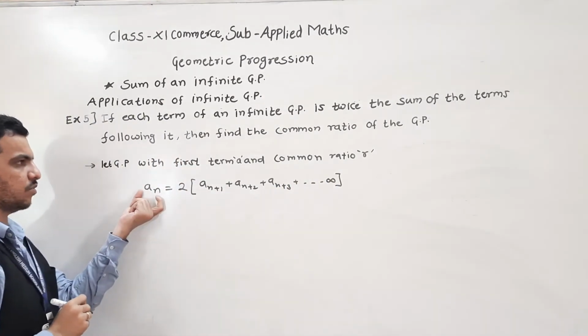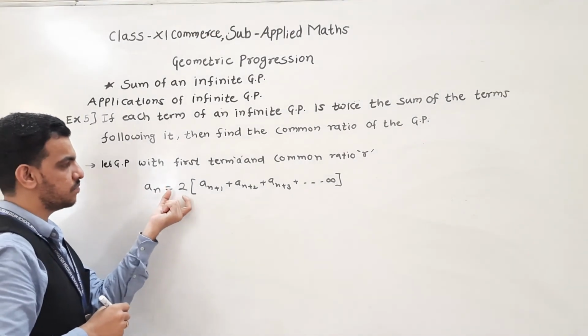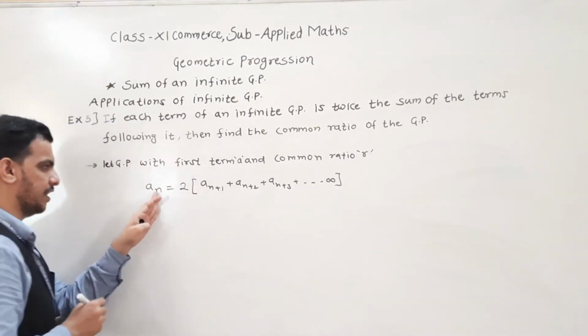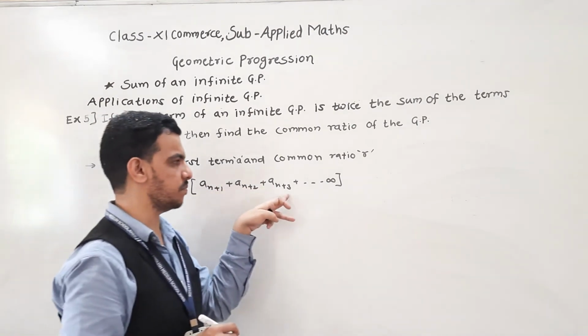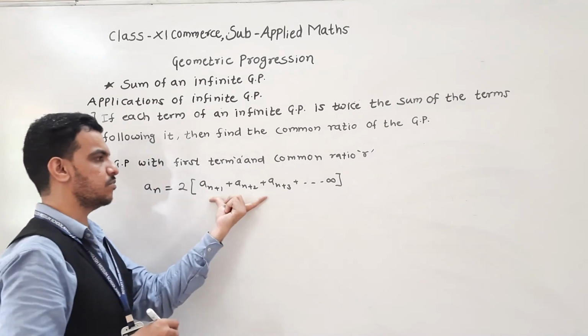Means each term of this geometric progression is 2 times the sum of the terms following it. So after n, which terms are there? n plus 1, n plus 2, n plus 3. Okay, so each term is 2 times the sum of these terms.